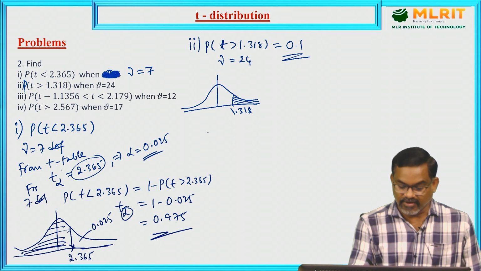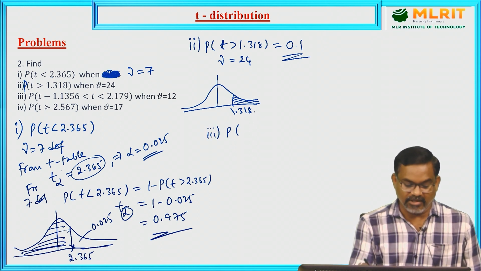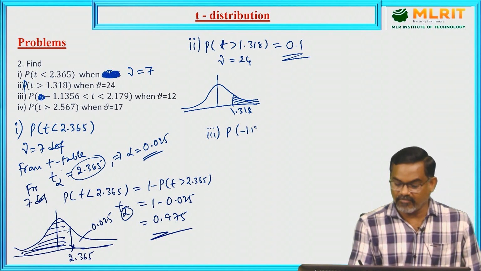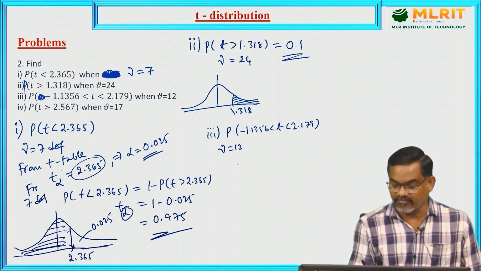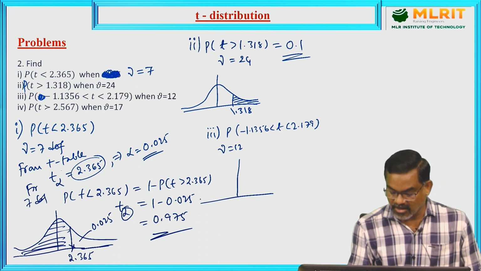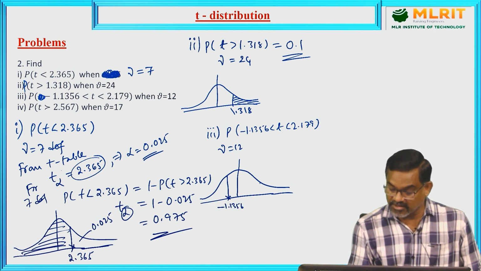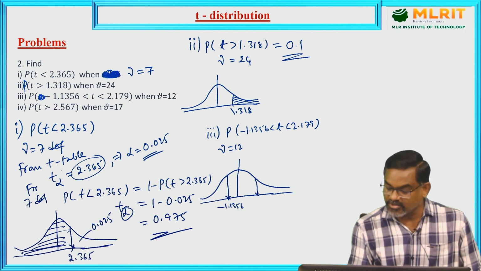Similarly, the third one: the t value lies between minus 1.1356 and 2.179 for nu equal to 12 degrees of freedom. Let us draw the graph first. This is some negative value, minus 1.1356, and this is the corresponding positive value, 2.179.